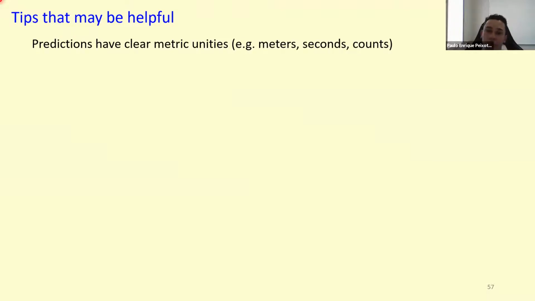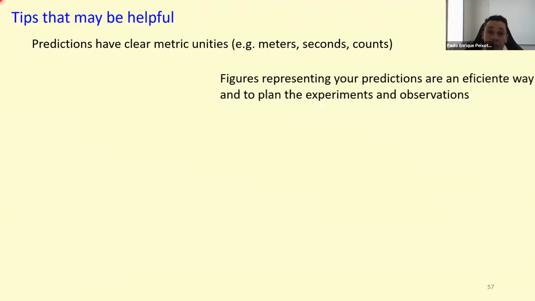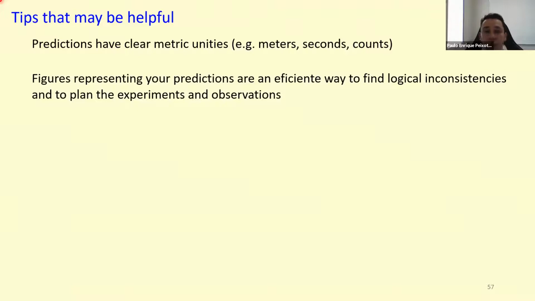This is not mandatory to present in the introduction, but when you are thinking about your predictions, if you have the chance, I highly recommend you draw a figure based on your prediction, because this will be very important to find eventual logical inconsistencies in your predictions and to plan your experiment and observation.